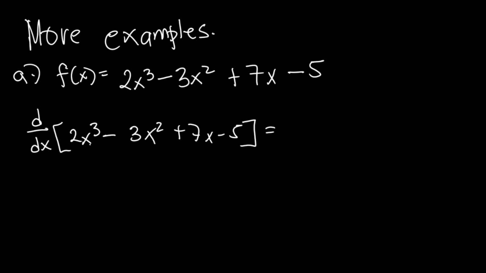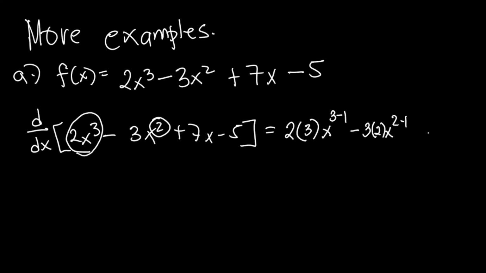So, pwede mo siyang isa-isahin. So let's first, we have 2x cubed, we have 2 times 3. X raised to 3 minus 1, tama? Minus 3 times 2, which is the exponent ng 2 natin. Okay? So, x raised to 2 minus 1, then, plus 7.